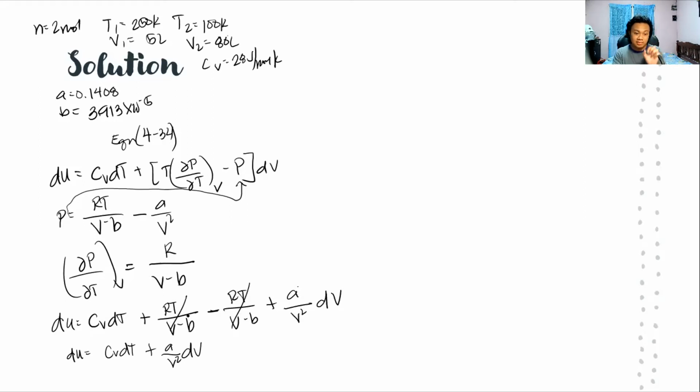So remember that form of the van der Waals version of the internal energy, because we will use that later in the other problems. Okay, so what you will do now is integrate Cv dT plus a over V squared dV from T1 to T2, and then from V1 to V2.